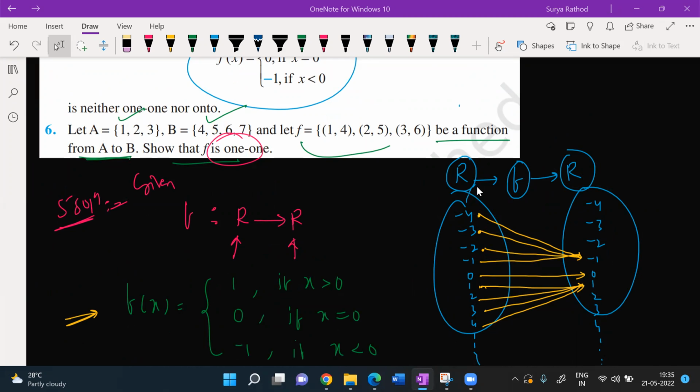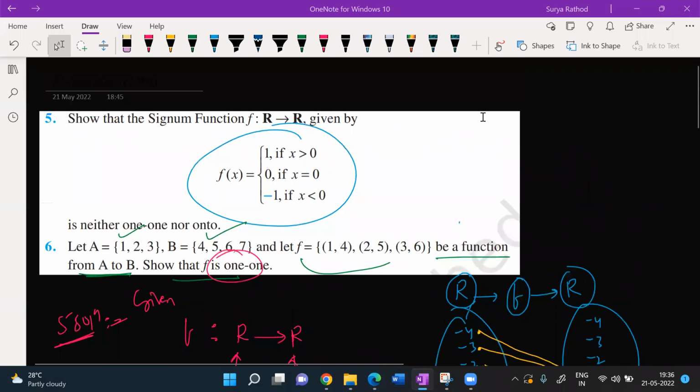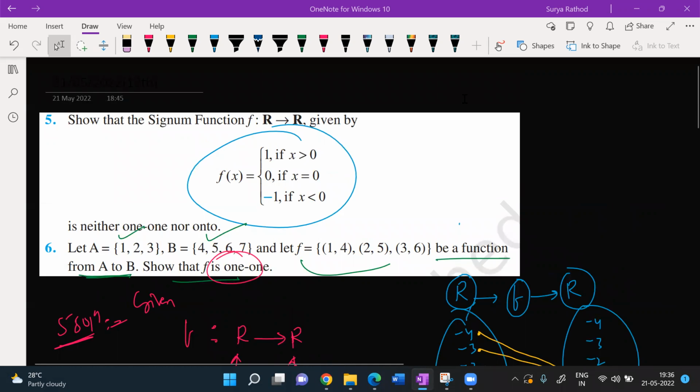Shashi Kiran and Shamshan. Sir, hello, good evening, sir. Samson, are you able to understand, beta? Are you able to follow the class?